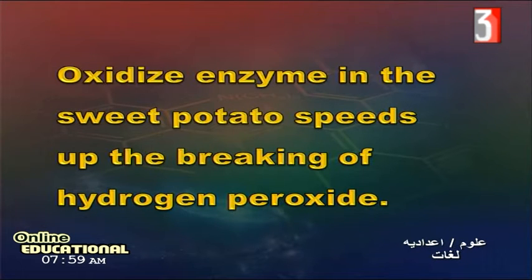So, if we put hydrogen peroxide in a test tube and add a piece of sweet potato, the decomposition of hydrogen peroxide will be sped up, as with the catalyst manganese dioxide.